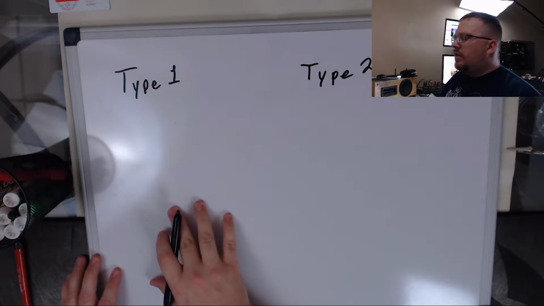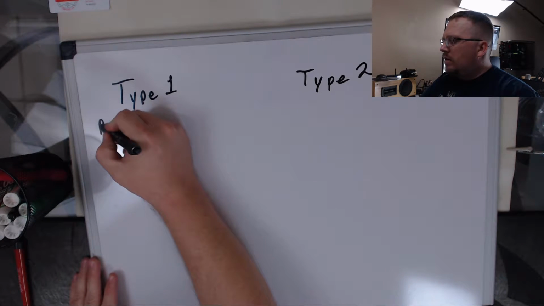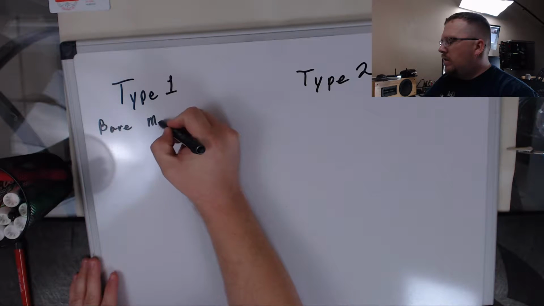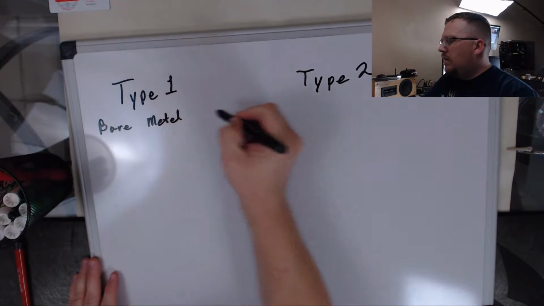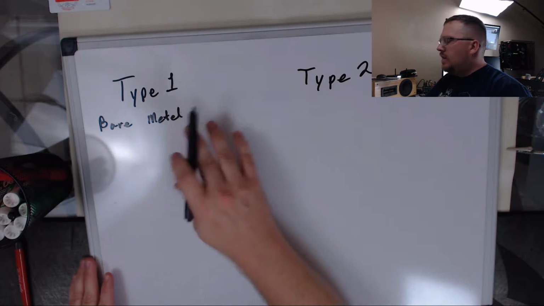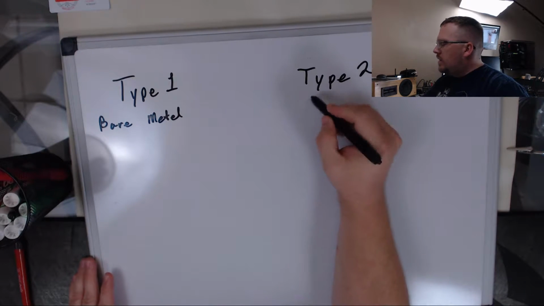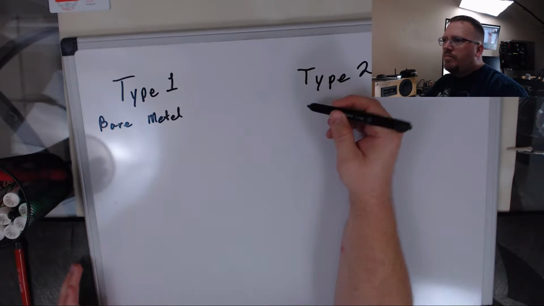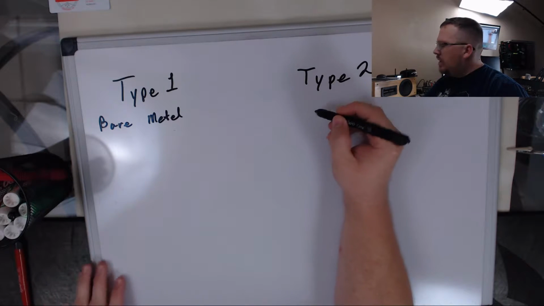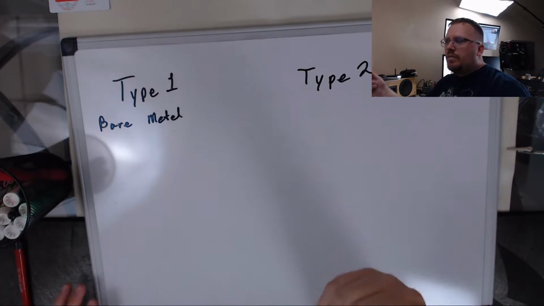The type 1 is considered a bare metal hypervisor, and with the other one, your host system usually has an operating system, so it's usually a hosted hypervisor.